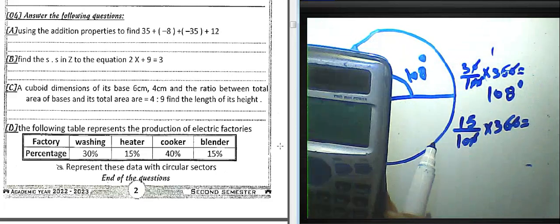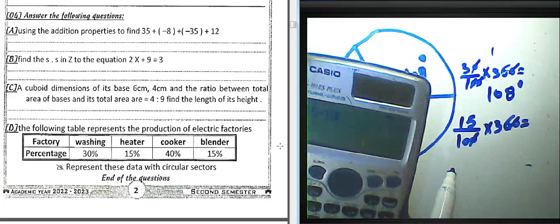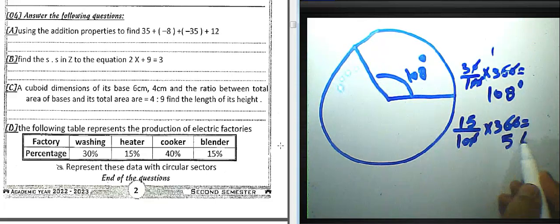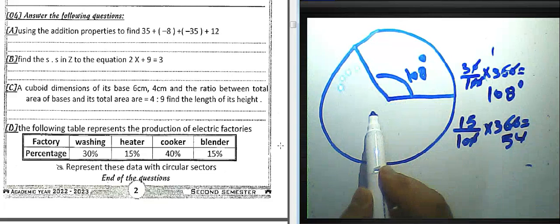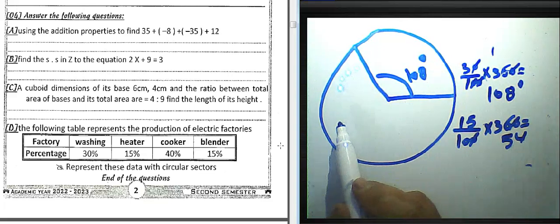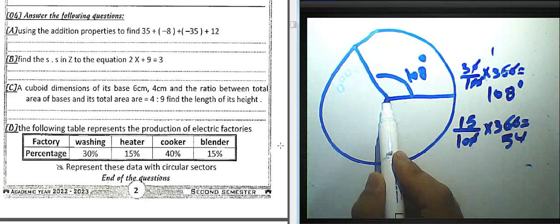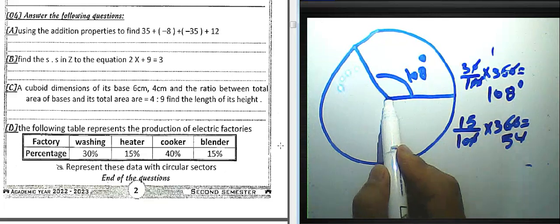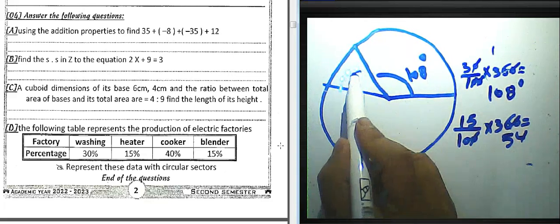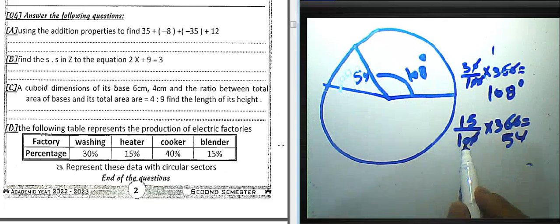Write 15 divided by 10 multiplied by 36. It will be 54. Using the protractor to draw 54 degrees.